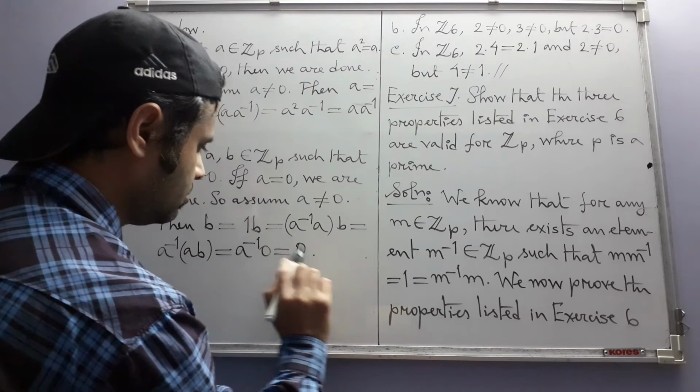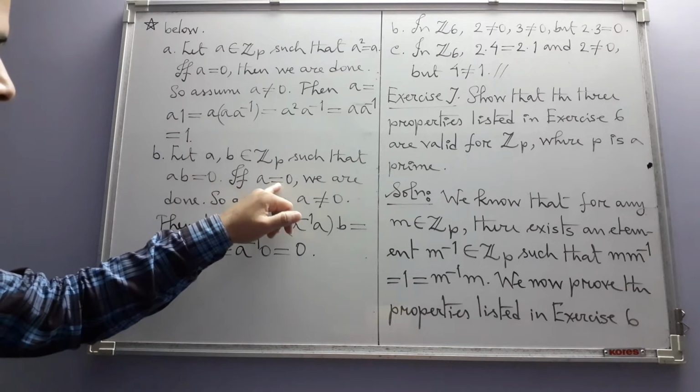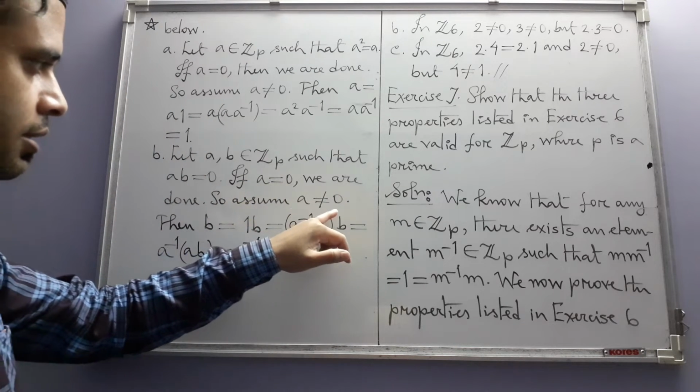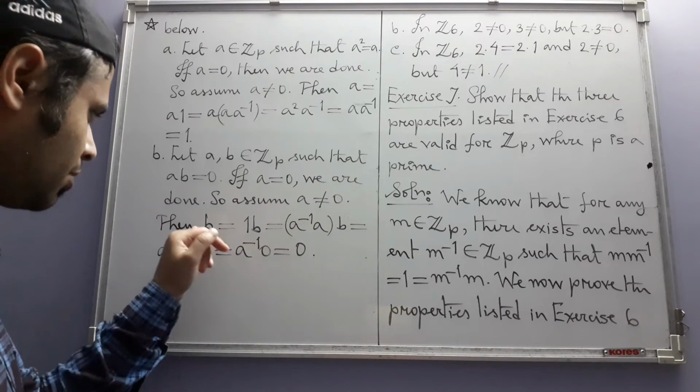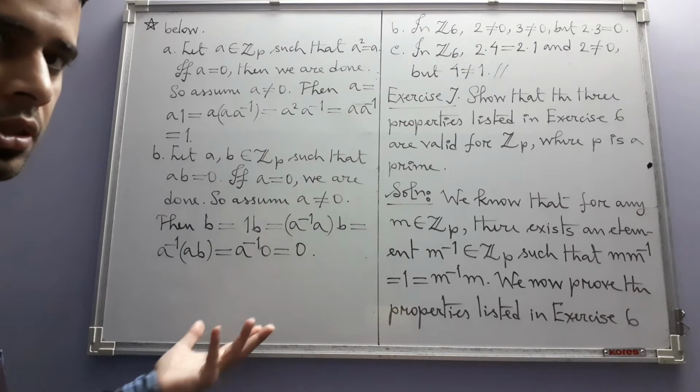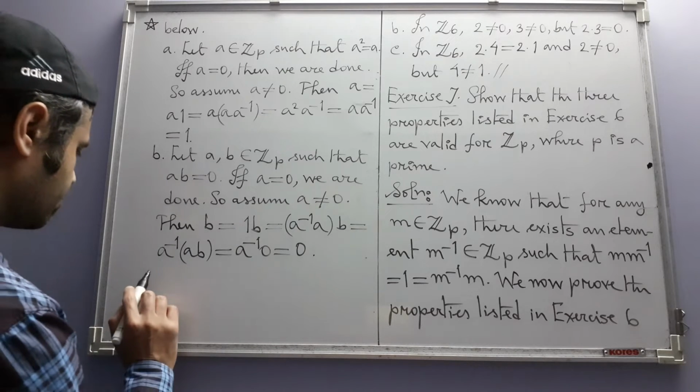So this is equal to 0. So either A is 0, or when A is not 0, B must be equal to 0. So this proves property B.